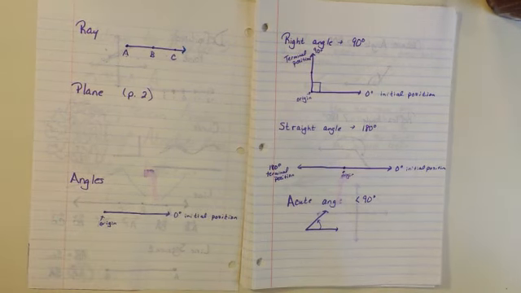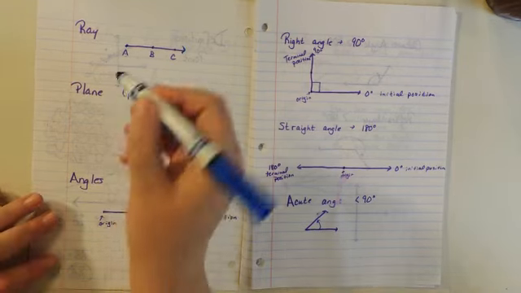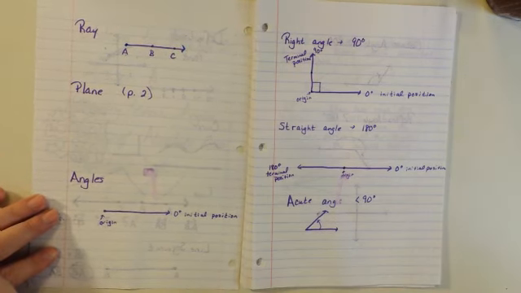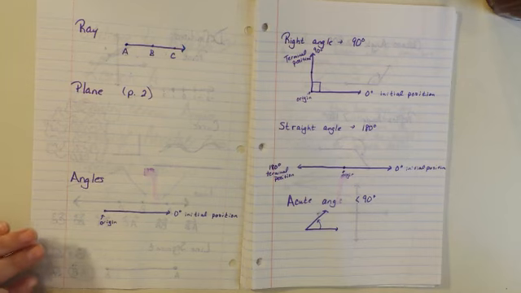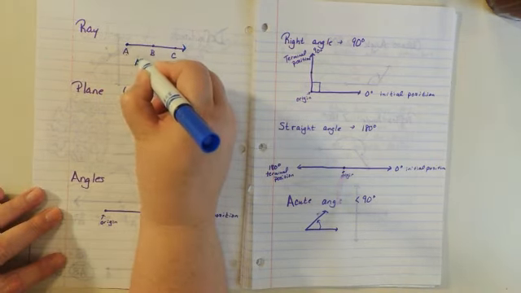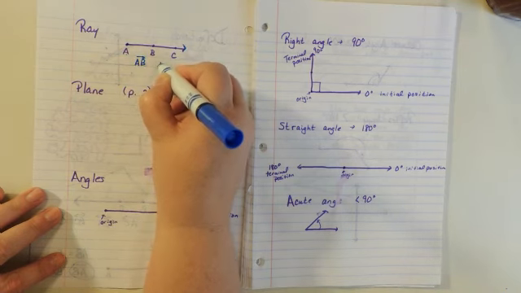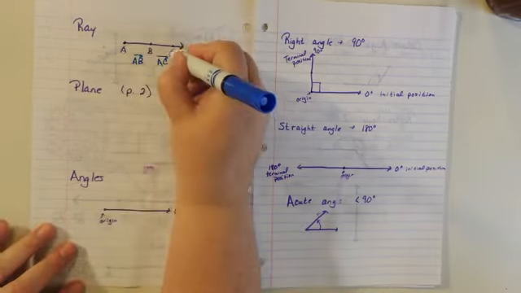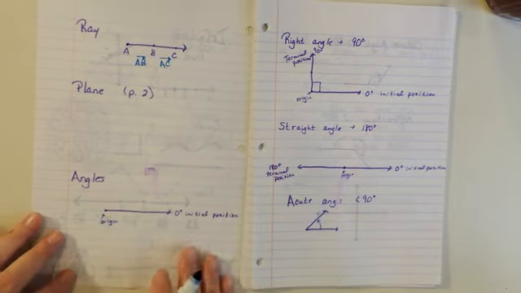We name a ray by naming its origin first and one of the points it goes through. So, unlike a segment or a line, for a ray it matters which letter you put first. So this ray could either be called ray AB or it could be called ray AC. Okay, and those are arrows on the top.